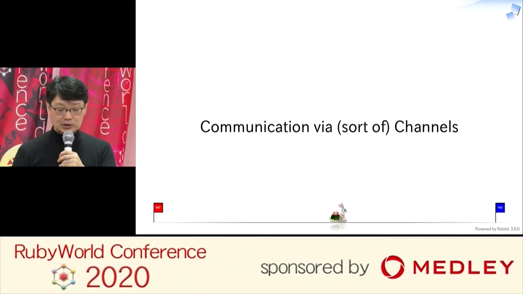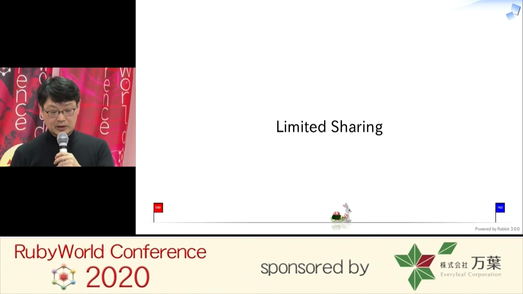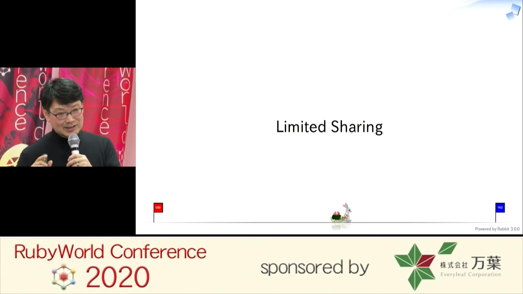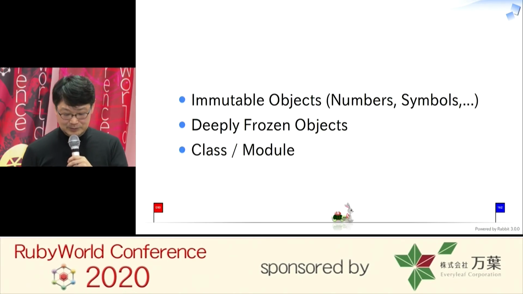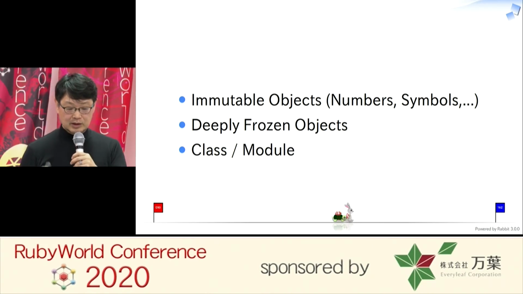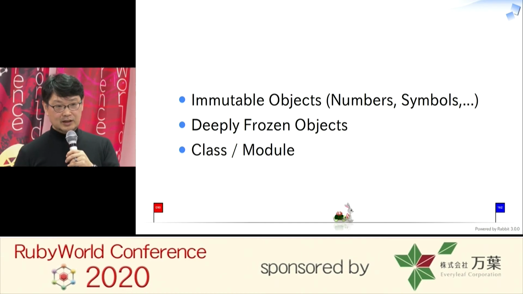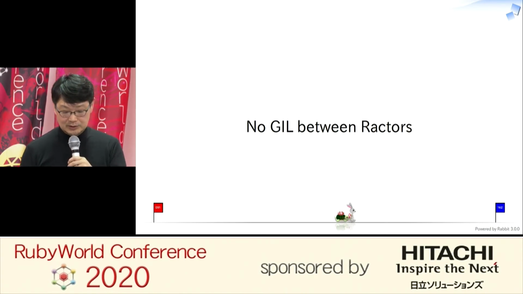We have isolated object space, and we communicate via channels. We don't share state. In reality, we have some sharing, but this is a limited sharing. More specifically, immutable objects which cannot be rewritten, deeply frozen objects, and classes and modules are the things we can share.